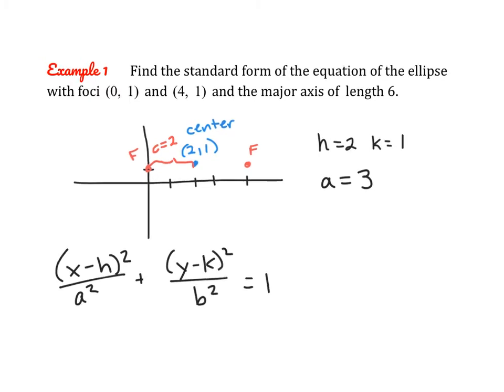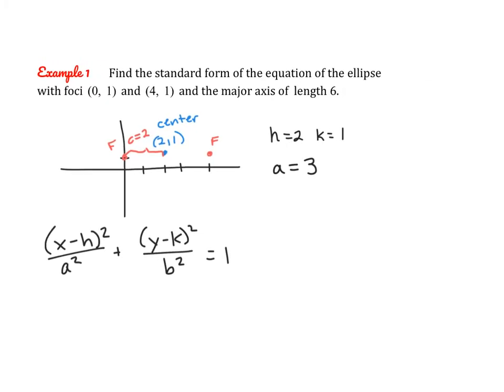So we can use the formula that we know. We can say c squared equals a squared minus b squared to help us find b. So I'm going to substitute what we know. We know that this is 4 equals 9 minus b squared, so we can see that b squared is 5, and b is going to be the square root of 5.